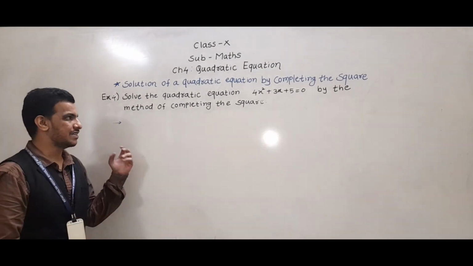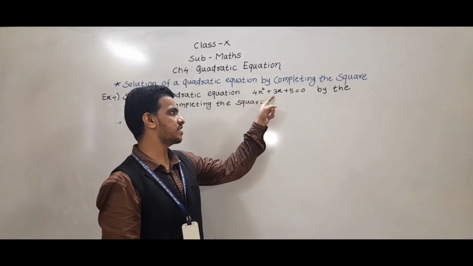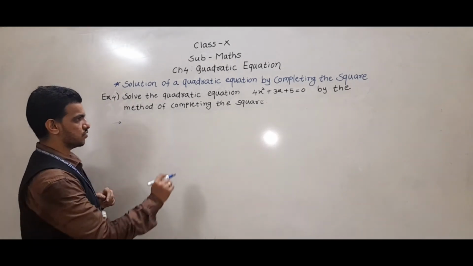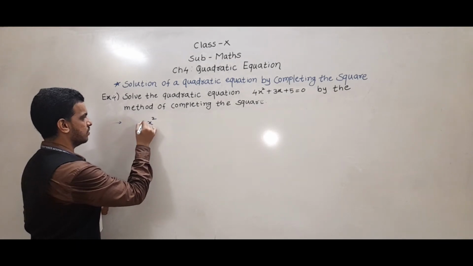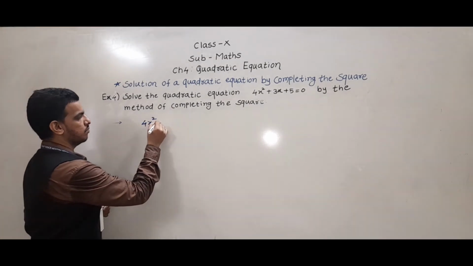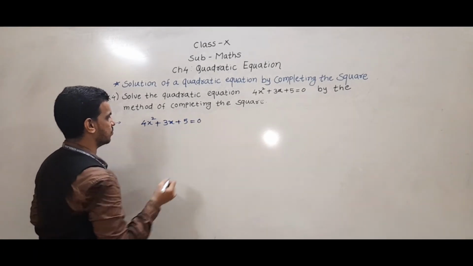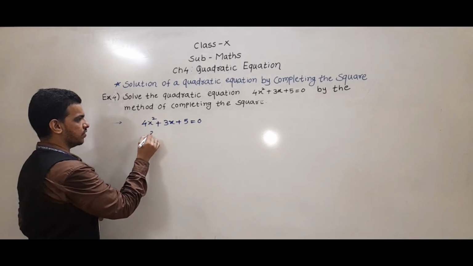Okay, the next example is: solve this quadratic equation 4x square plus 3x plus 5 is equal to 0 by the method of completing the square. So first step, write that quadratic equation: 4x square plus 3x plus 5 is equal to 0. Then make the coefficient of x square unity, so we have to divide it by 4.